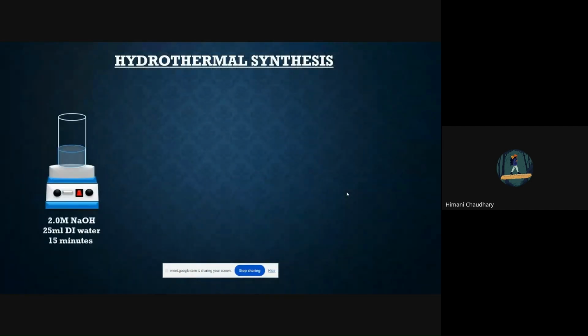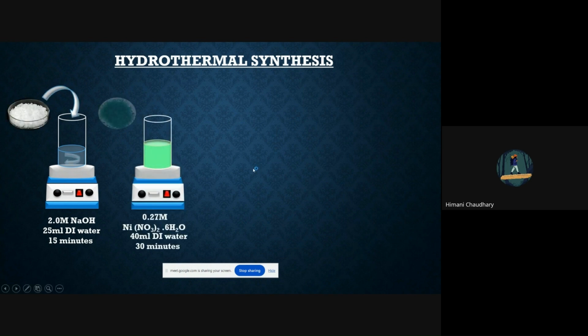So first we use the thermodynamical method. First we take 0.2 molarity of NaOH in 25 ml distilled water and stir for 15 minutes. And then, second, 0.2 molarity of nickel nitrate in 40 ml distilled water, stirred for 30 minutes. And we add the NaOH to the nickel nitrate.